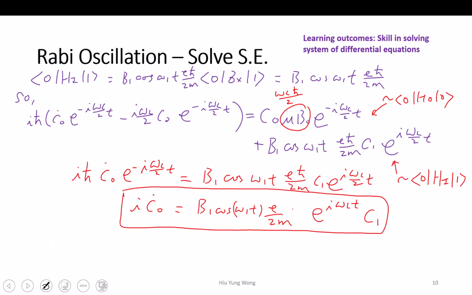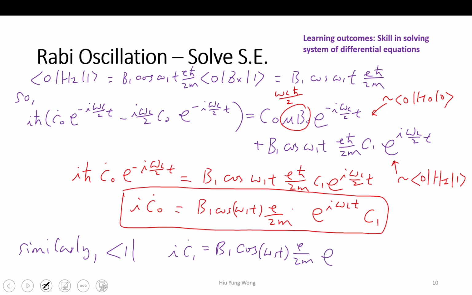Do the same thing similarly; let's leave it as homework. You just do the multiplication, the inner product of bra 1 on the left. You also get i C1 dot equals B1 cosine ω1t times e divided by 2m, e to the power negative iω_L t, C0.